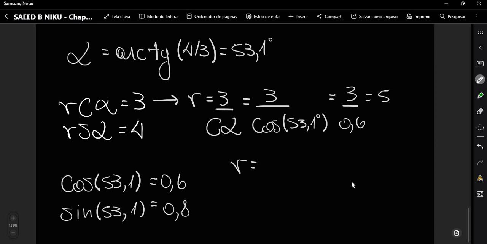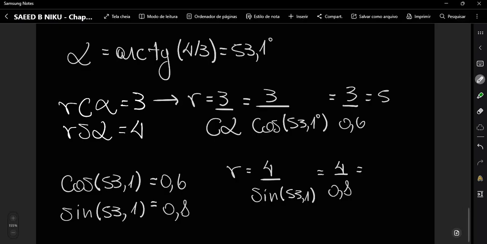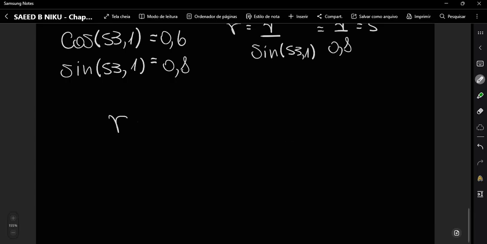And R is equal to 4 divided by sine of 53.1, which is 0.8. So 4 divided by 0.8 is equal to 5 as well. Okay. So the answer right here is R is equal to 5 units.